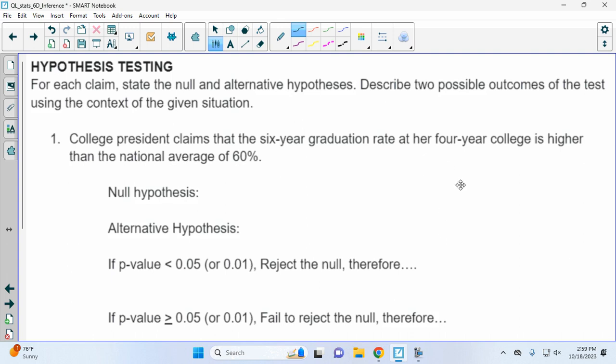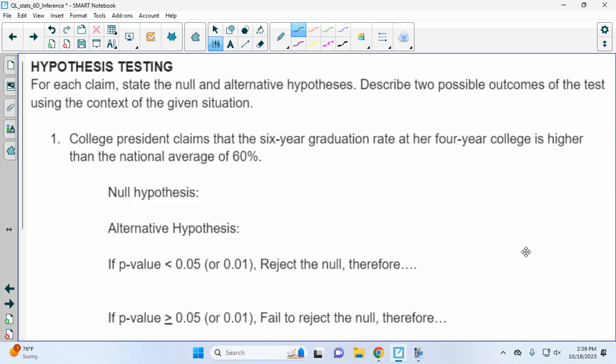An example might be: does vitamin C reduce the length of a cold? So they do an experiment. In this case, a college president claims that the 6-year graduation rate at their 4-year college is higher than the national average of 60%. So the null hypothesis always has an equal sign.